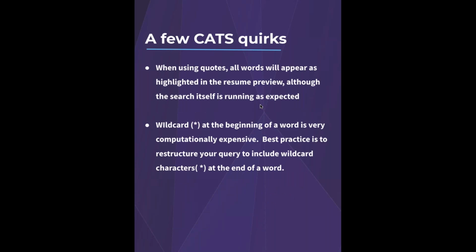So one of those is when you use quotation marks, the search is still going to run as you would expect. With that Java developer example that I used, you are only going to get search results that contain Java developer somewhere within that candidate's profile, whether it's their resume or one of the standard fields.